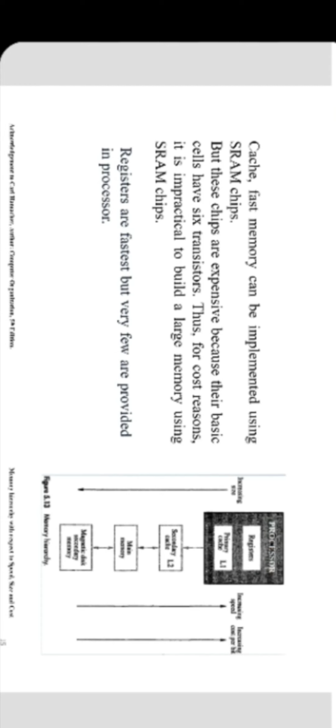Hence, main memory size is smaller and cache memory size is even smaller. Main memory is made up of DRAMs, but cache memory is made up of SRAMs. Hence, cache memory size is smaller. The registers are the fastest but very few are provided in the processor because of cost reasons. That is the revision of the content of memory hierarchy.